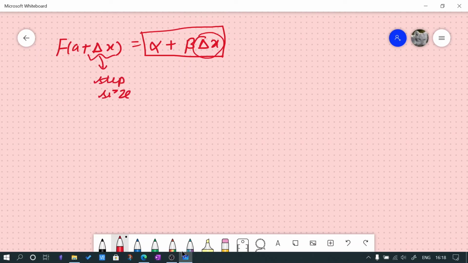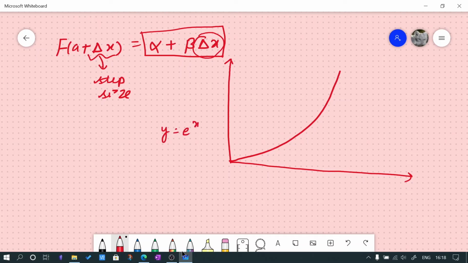To give an example, let's assume a graph such as this. This is the graph of y equals e raised to x. As you can see, this is definitely a curved graph, right?